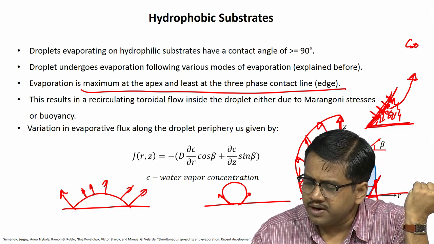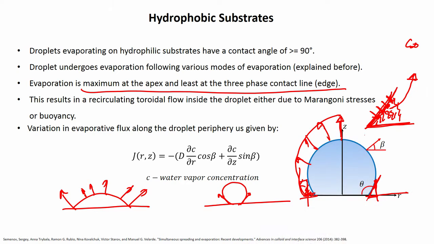So automatically what happens is that the vaporization rate is suppressed in this region, automatically that happens. So once again if you look at it, so if this is the wedge region, in this particular region the evaporation will be suppressed, it is bound to happen.